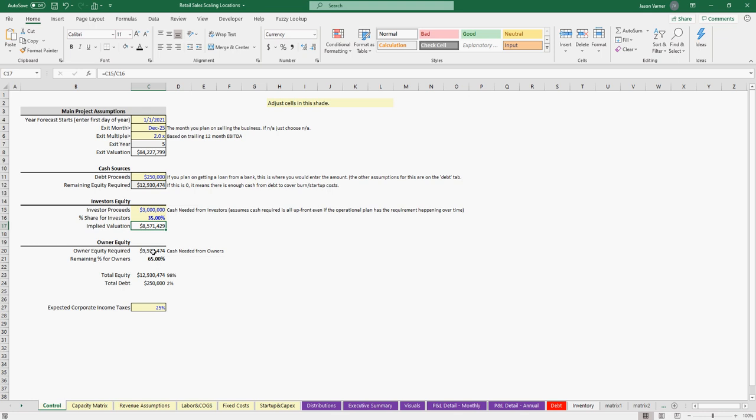Then any remaining cash, so you see we needed 12.9 million, which is based on essentially the total negative burn, including startup costs, is this number. And that is going to include acquisitions as well.